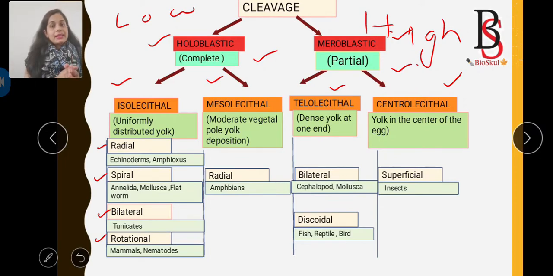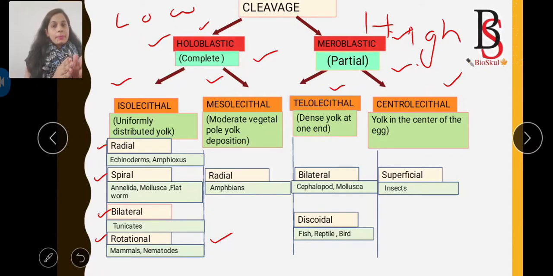Bilateral cleavage is seen in tunicates and rotational cleavage is seen in mammals and nematodes. So you may get a question like this: which type of cleavage is seen in nematodes? That is rotational holoblastic.